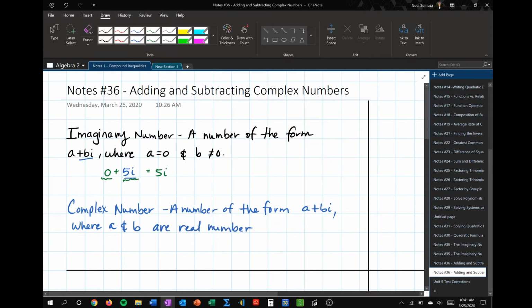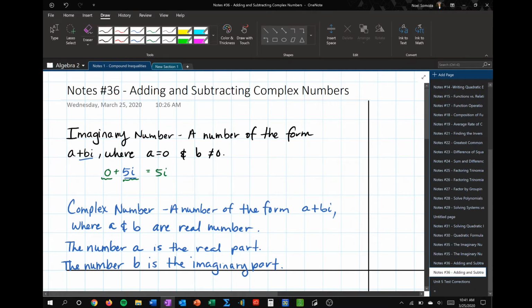The i is still there, but whatever you plug in for a and for b are going to come from real numbers. So the number a is the real part, and the number b is the imaginary part, which is what I mentioned earlier in the previous definition.